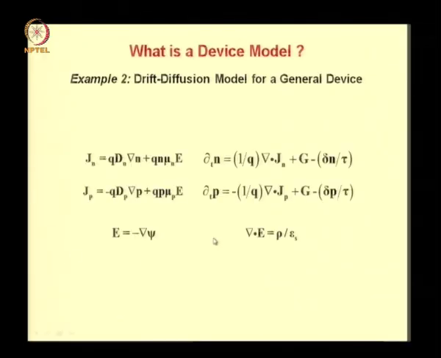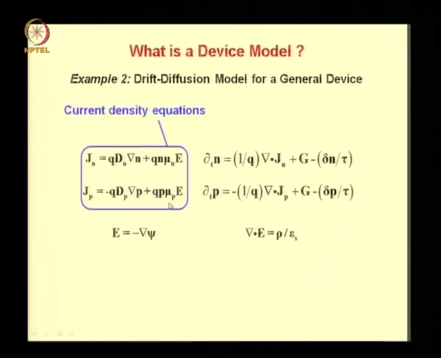You would have come across these 6 equations, out of which these 2 are referred to as the current density equations. For example, this is current density of electrons Jn is equal to q times the diffusion coefficient of electrons into gradient of n. This quantity is the diffusion current, plus this quantity is the drift current, which is q into electron concentration into mobility of electrons into the electric field.